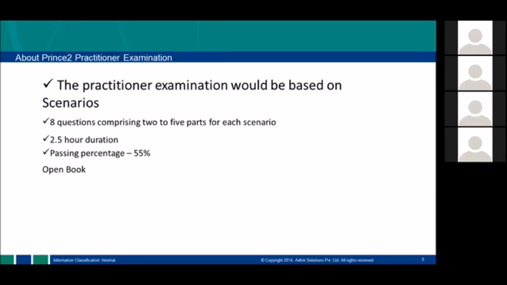There is 2.5 hour duration, and the passing percentage is 55. This is an open book, so you can use the PRINCE2 foundation manual for your practitioner exam. We provide this online as well as offline, I mean paper based. Usually we prefer paper based, not online.